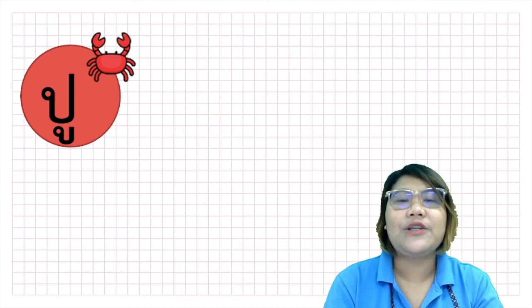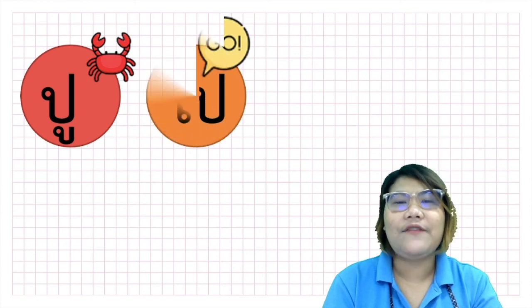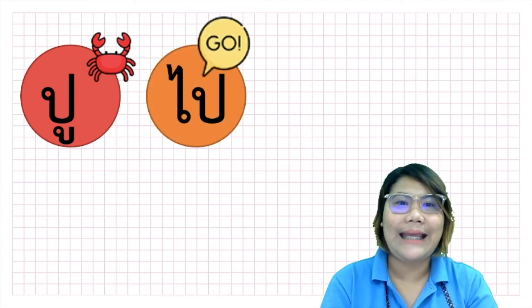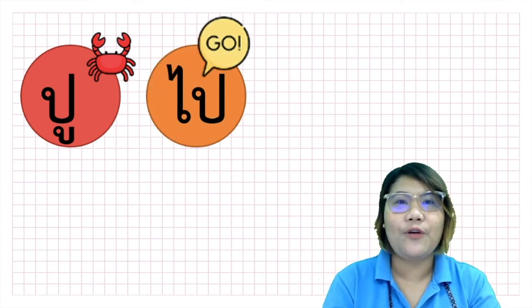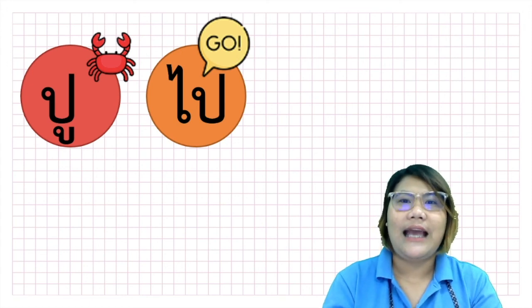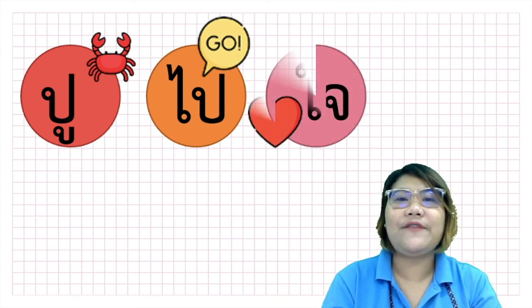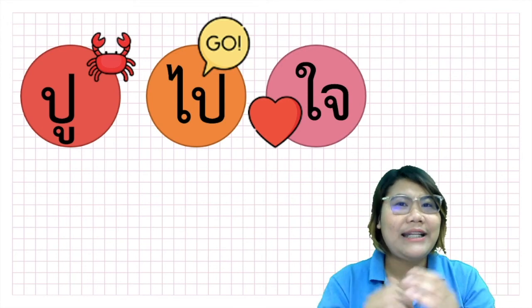And the next one. Can you read this word? Good. ปู, which means crab. And then the word by is to go. And then with the vowel I, can you read this word?